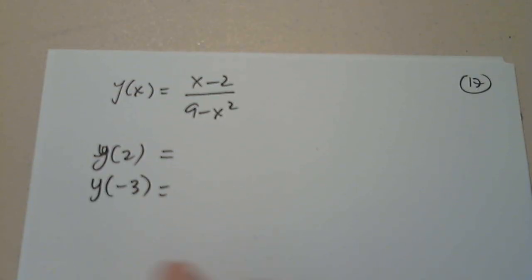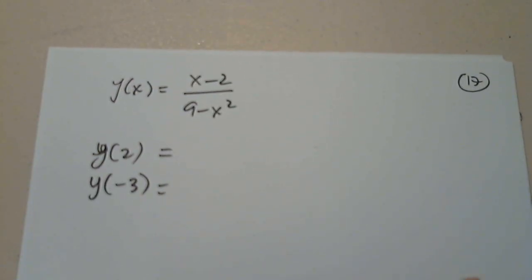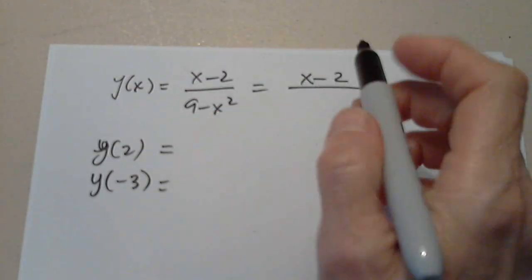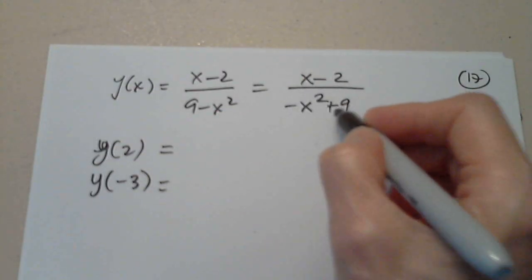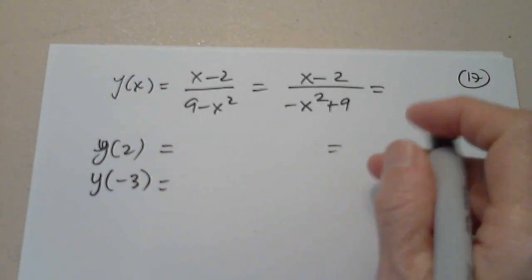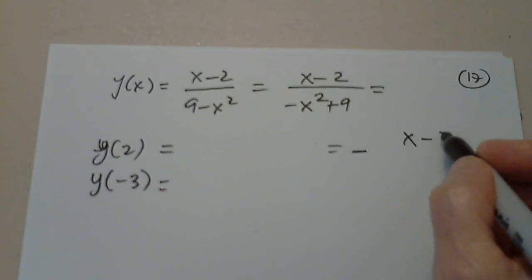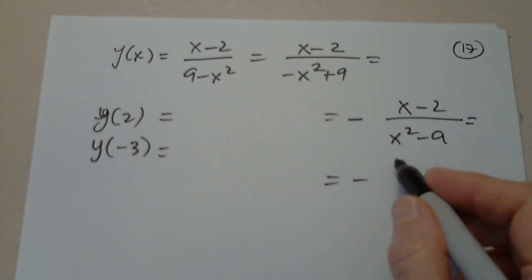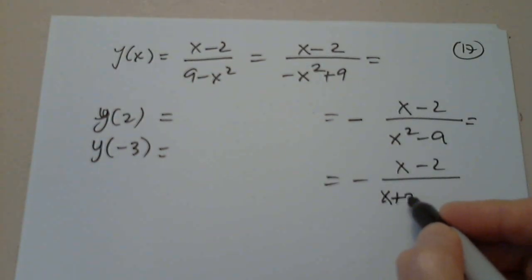If you give me this problem, here's what I'm going to do first. X minus 2. I don't like this, and you know why? I also don't like it because it has a negative leading coefficient. So I get x squared minus 9, and I will factor into x plus 3, x minus 3.